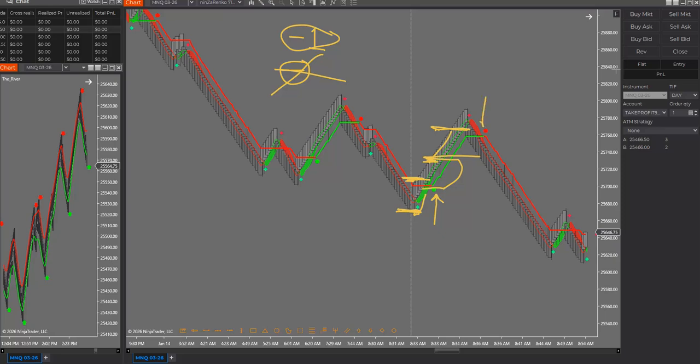Then we get triggered into trade 3. So now we're in trade 3. We got the stop, 160 ticks. Now that baby starts running. The market starts to break out of its opening range. It's breaking through. Now we're at a point right about here. We've already negated our first loss. We didn't make anything on trade 2. Now we're getting into positive P&L on the day.